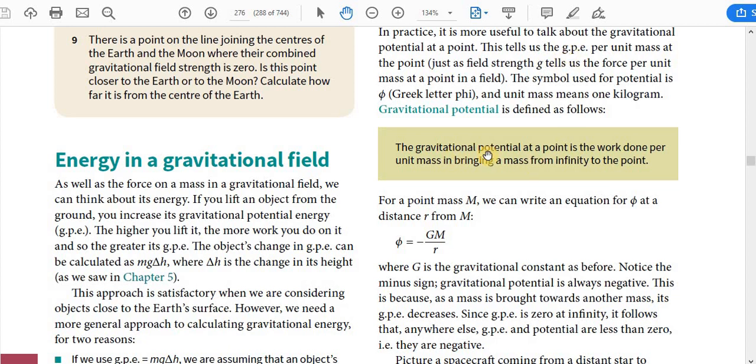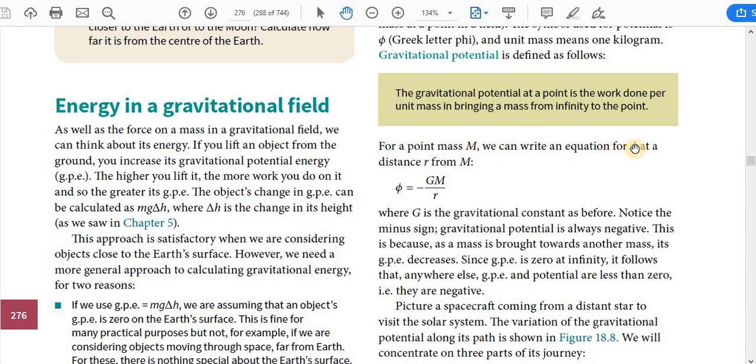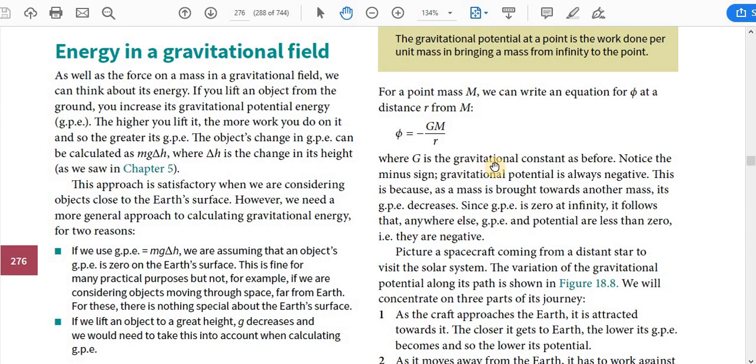The gravitational potential at a point is the work done per unit mass in bringing a mass from infinity to the point. For a mass m, we can write an equation for phi at a distance r from capital M, where G is the universal gravitational constant, also called the gravitational constant. Notice the minus sign. Gravitational potential is always negative. This is because as a mass is brought towards another mass, its GPE decreases.